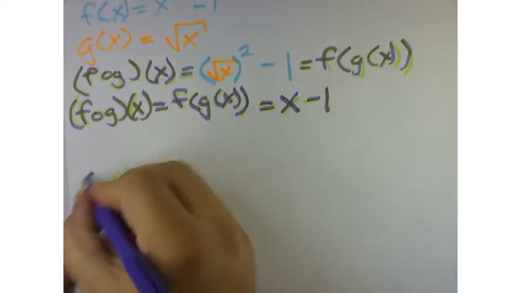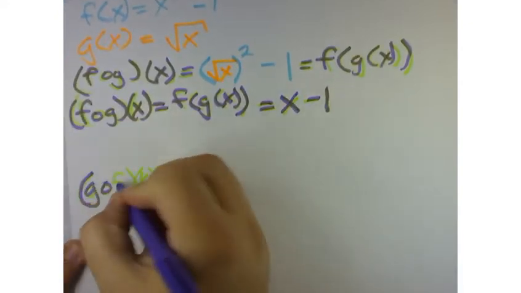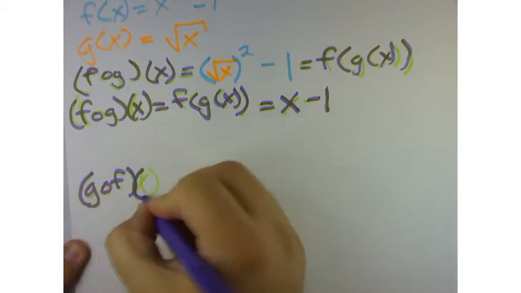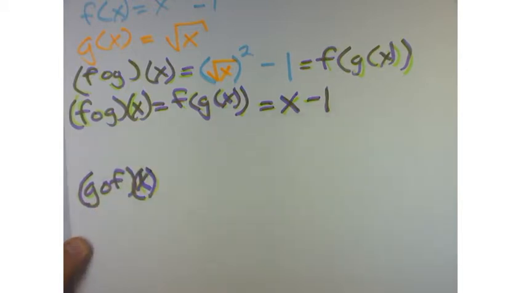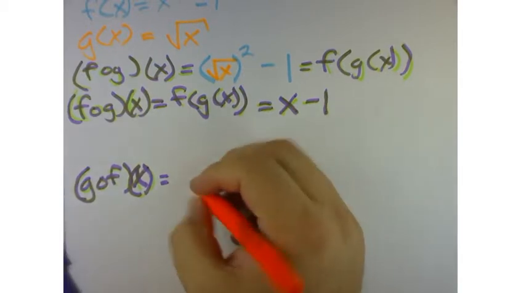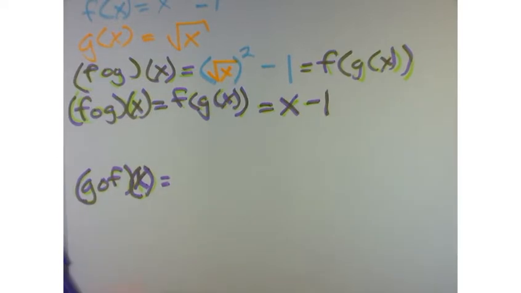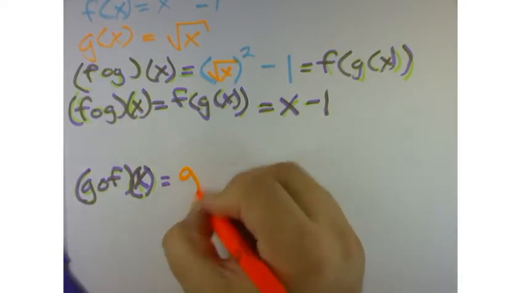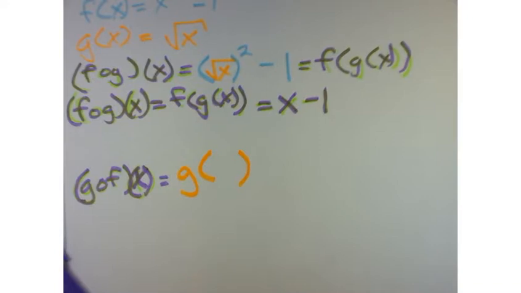And so now if I do this again and I say g of f of x, that would be, what is g of x? Let's write it like this. This would be g of f of x.